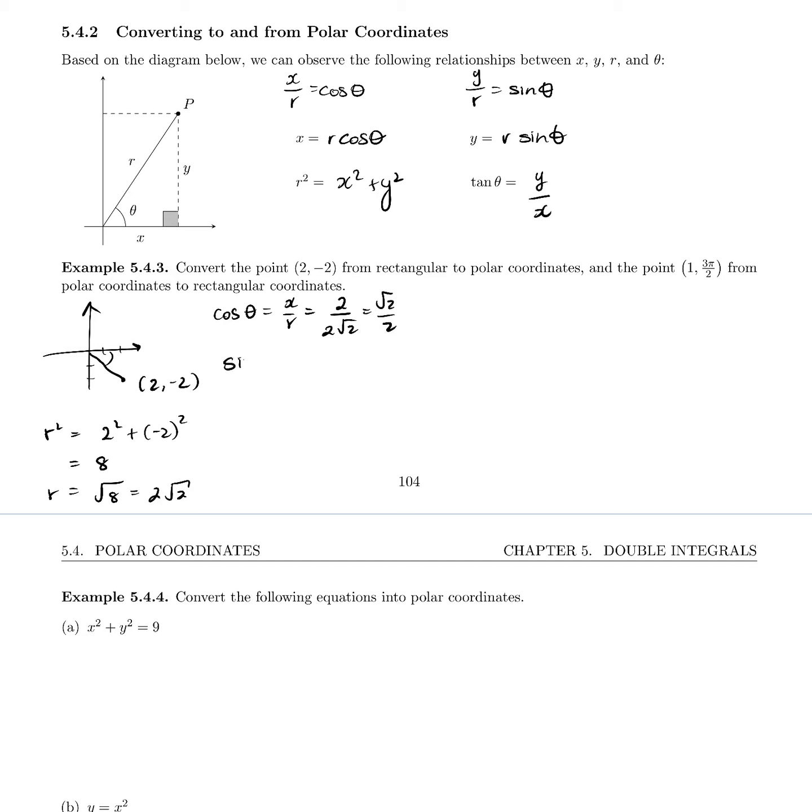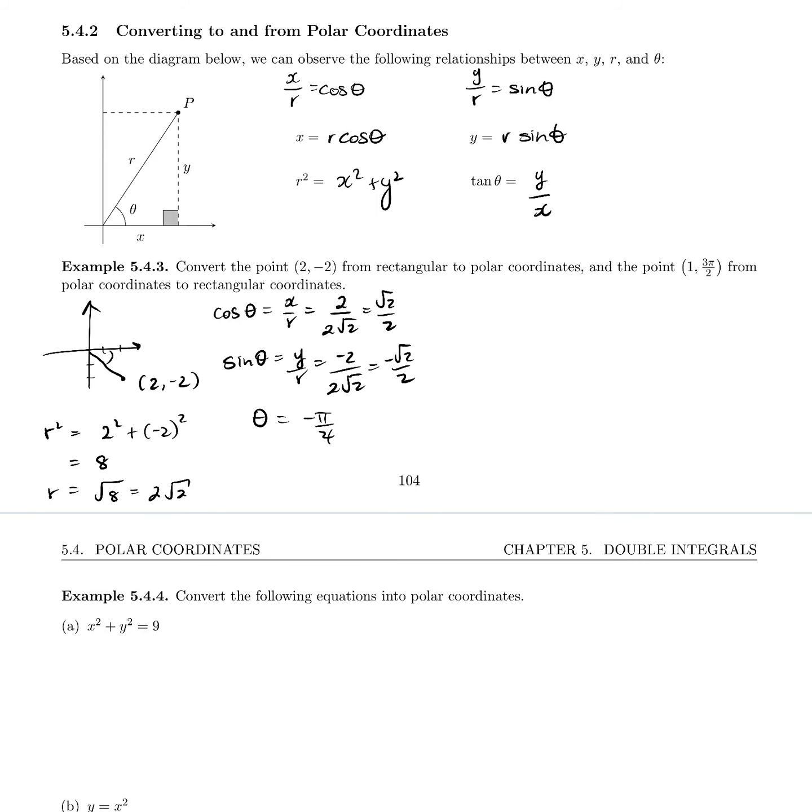The sine of theta is y over r, which is minus 2 over 2 root 2, or minus root 2 over 2. And so we're looking for an angle theta on the unit circle that has those coordinates, and we know exactly where it is. In fact, it's equivalent to this one. We know indeed that that angle theta is minus pi over 4.